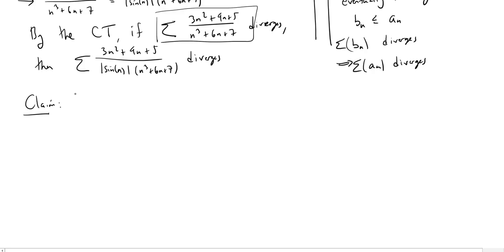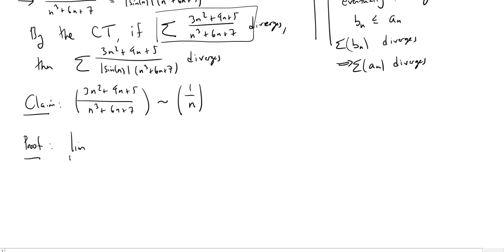My claim is that the sequence (3n squared plus 4n plus 5) over (n cubed plus 6n plus 7) is asymptotically equivalent to the sequence 1 over n. And remember, the way I got this was by ignoring all the lower degree terms of n, just looking at the top one and even ignoring the coefficient. n squared over n cubed is the same as 1 over n. Now, it's a claim. Let's give it a proof.